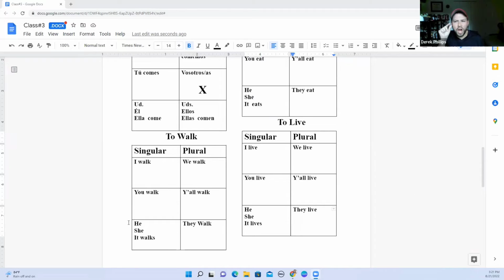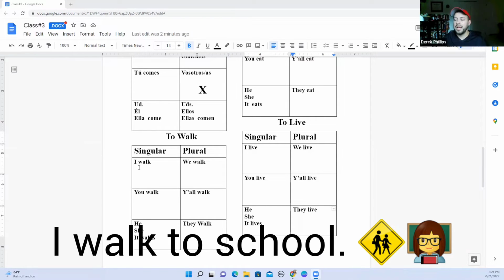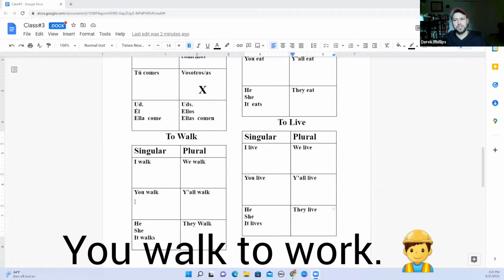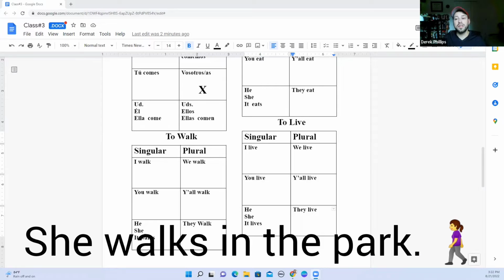It's very soft sound. Let's think of some examples of how we can use these verb forms in sentences, in phrases. For example, I walk to school. You walk to work. She walks in the park.